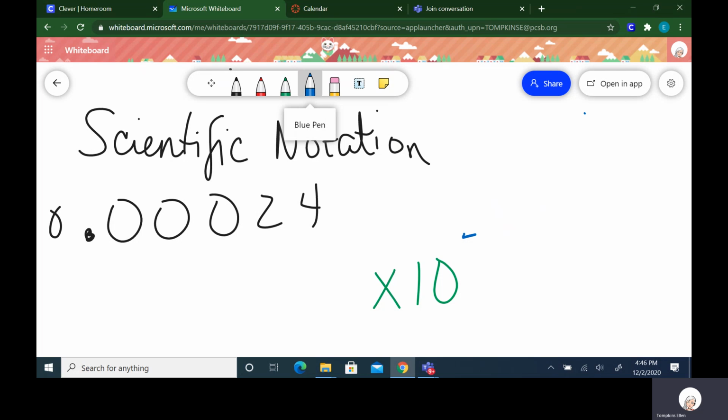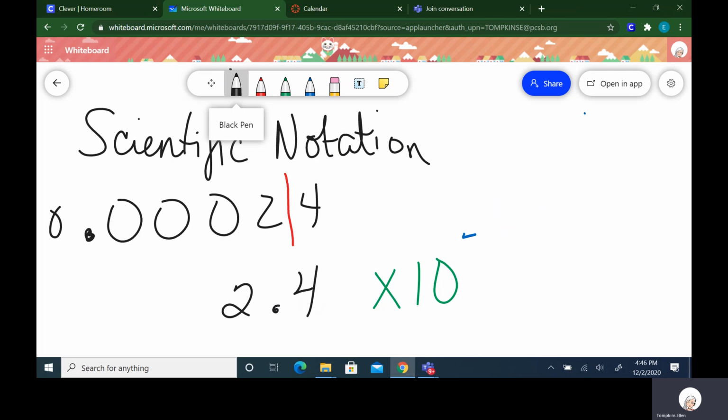So I know I need that negative sign there. All right, so we're going to travel across until we come to the first digit right there. And that is what's going to go in there, the 2.4. Now, I need to know how far back it went. Well, I have to count my place size again. So it traveled 1, 2, 3, 4. So that's to the negative 4.